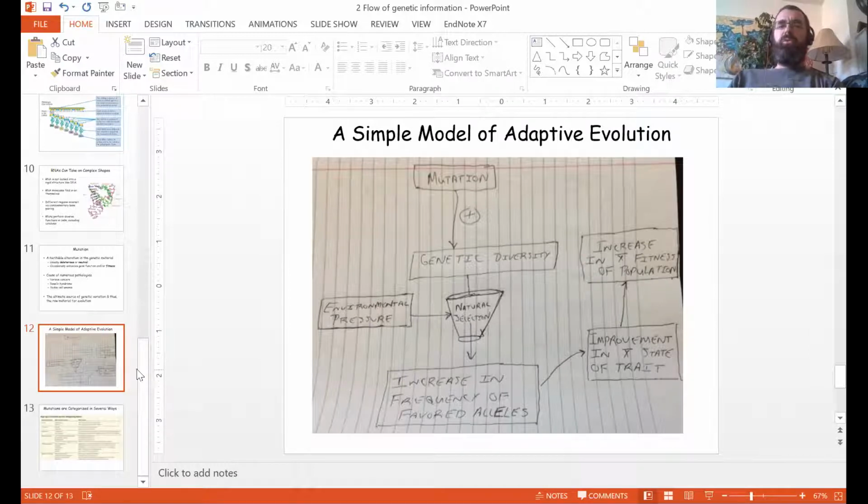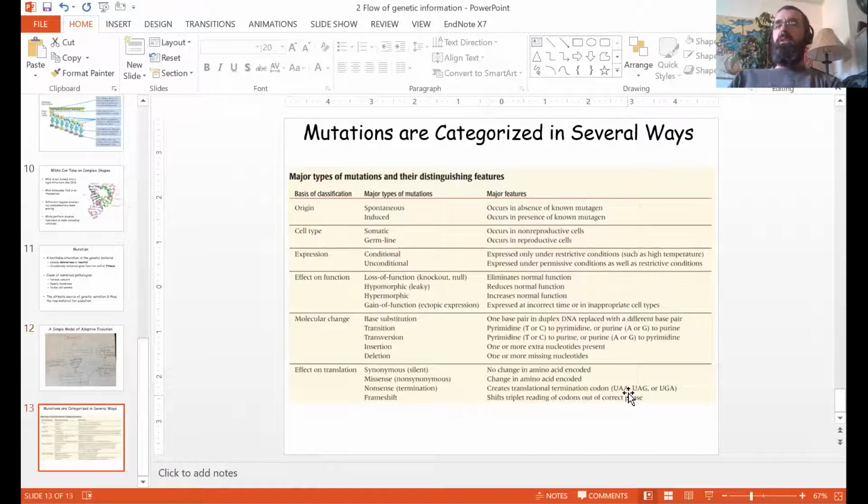And just more for your information than anything else, we have a whole bunch of different ways of classifying those mutations, right? It depends very much on what effect those mutations have, which can be effect on translation, on function, on expression, where those are, what the molecular basis is, things like that.